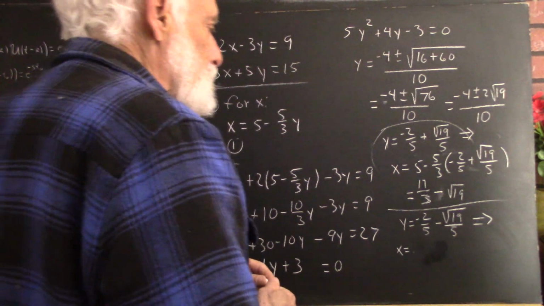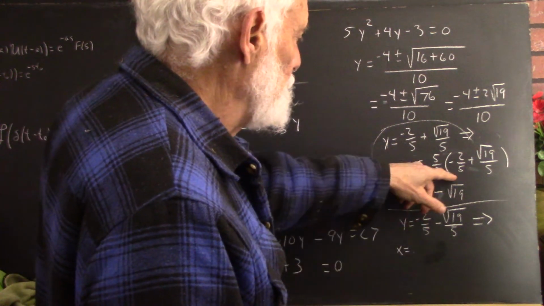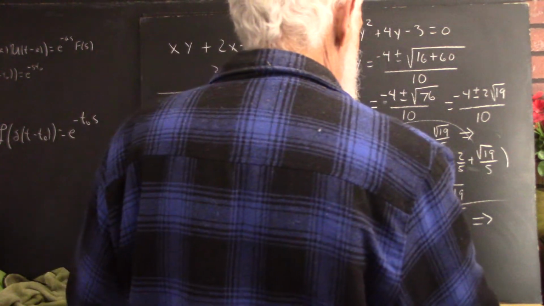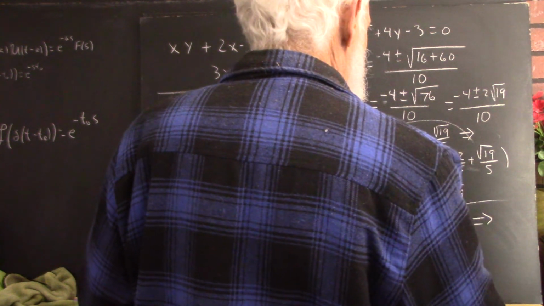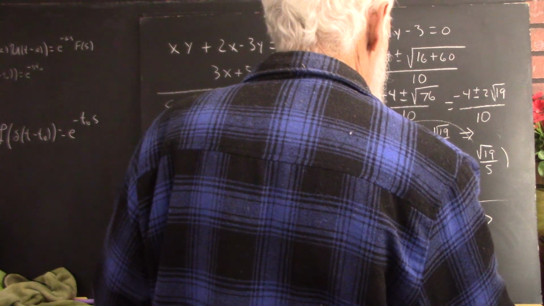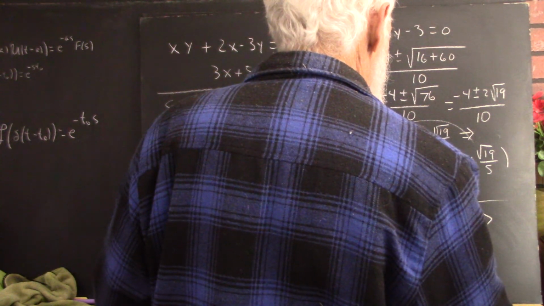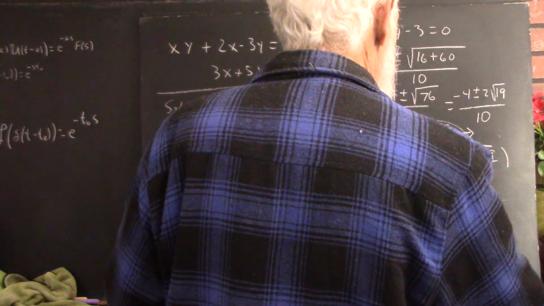Okay, now, plugging this in, the negative 2/5 is going to be the same, so we're still going to get 17/3. We're going to get a plus square root of 19.